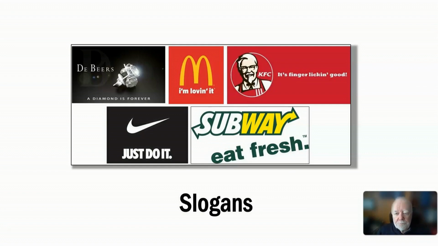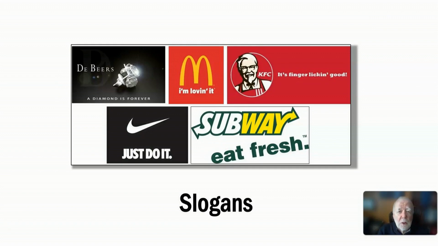KFC is another one: "Finger licking good." That is their slogan attached to their logo. Nike has their logo, but they also have a slogan attached to that logo as well: "Just do it." And there are hundreds more like this.